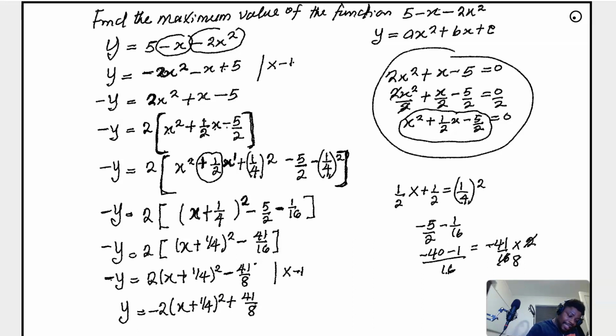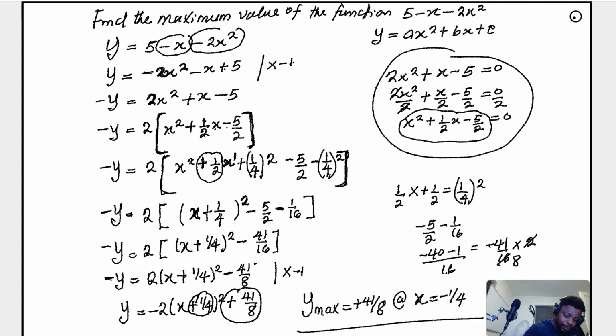So in this case here, y maximum is this value, that is plus 41/8, at what value of x? The opposite of plus 1/4, which is minus 1/4. Easy.